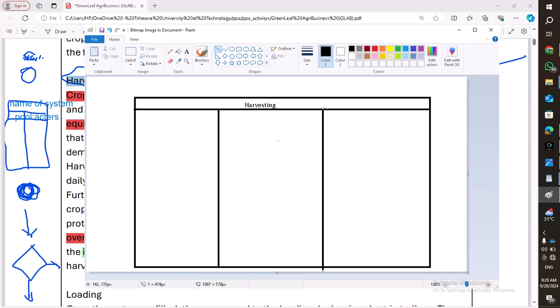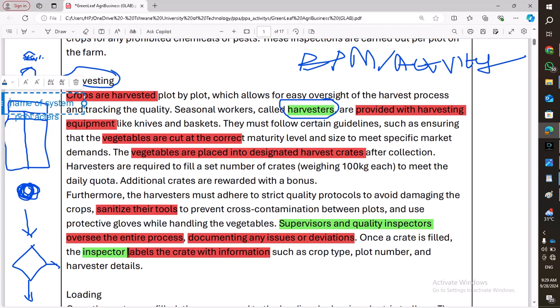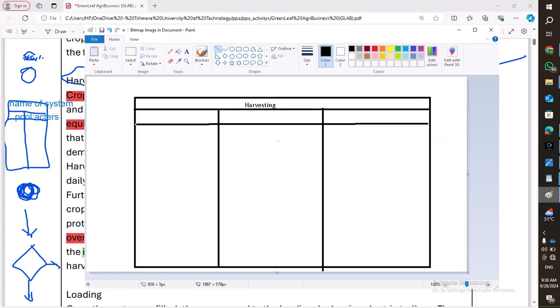I also have the names of the actors, which must be written here. The first actors we find are the harvesters. Control C, and I'm going to copy here.